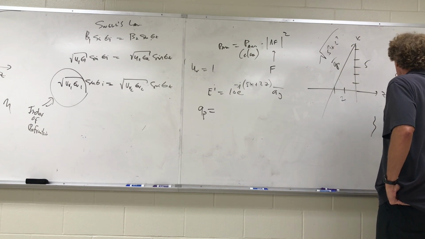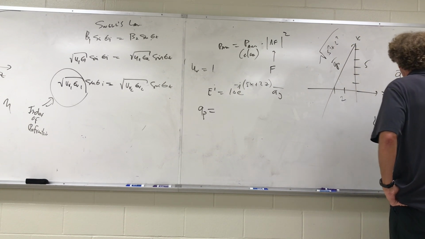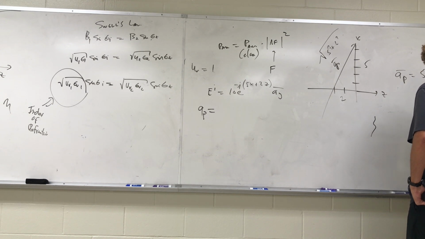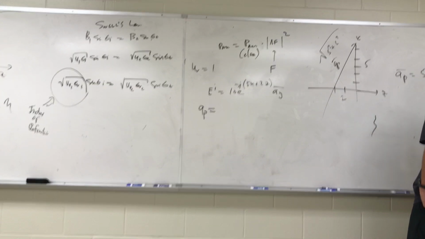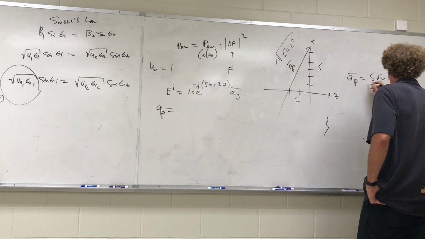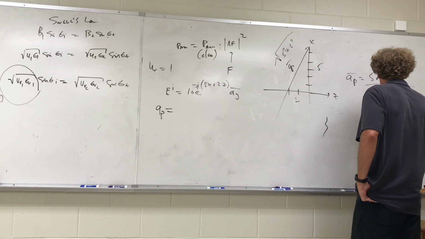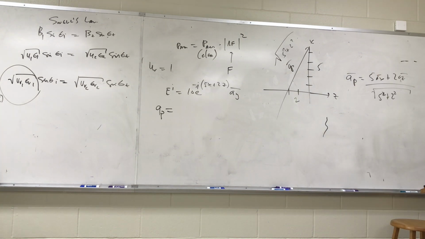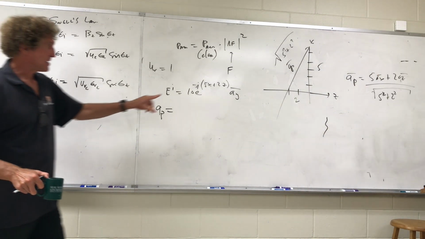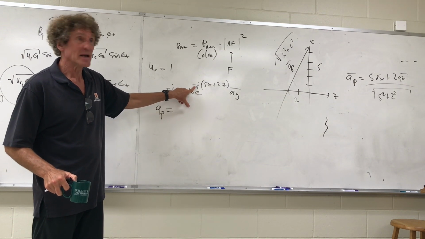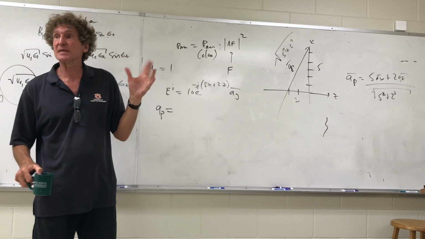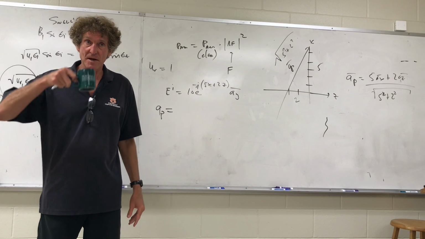That means the unit vector in the direction of propagation would be (5ax plus 2az) over the square root of 5 squared plus 2 squared. Now the reason I know it's going that way is this minus sign, minus j. So that's the positive movement of the wave in that direction.